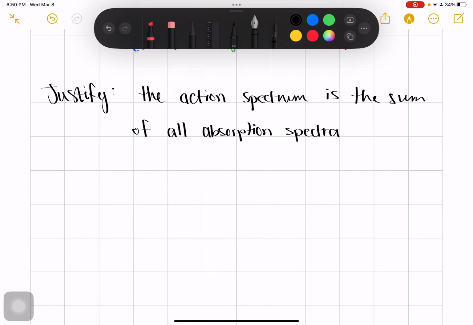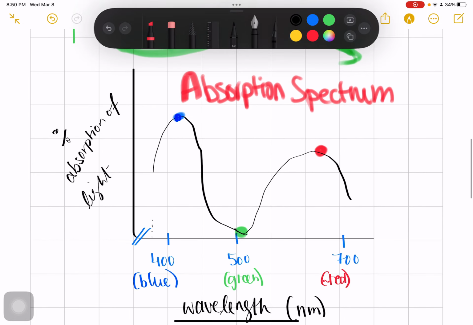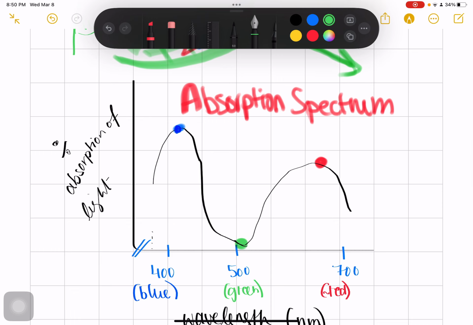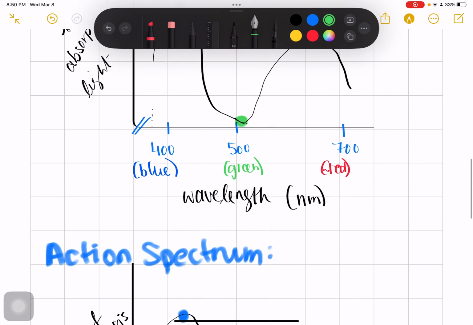Now let's explain that a little bit. Going back to this action spectrum, this is considering a green leaf, and we're considering chlorophyll because it's the most prevalent pigment that is present in a green leaf.